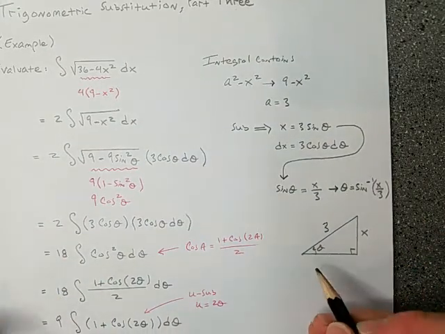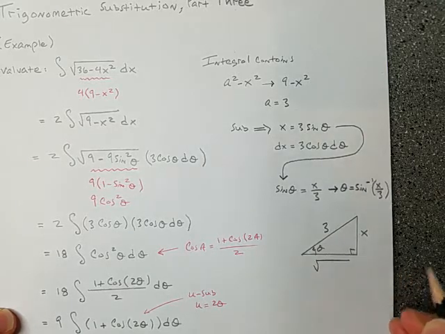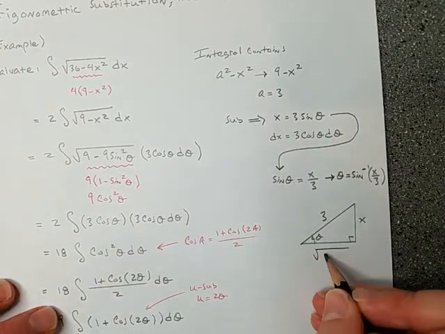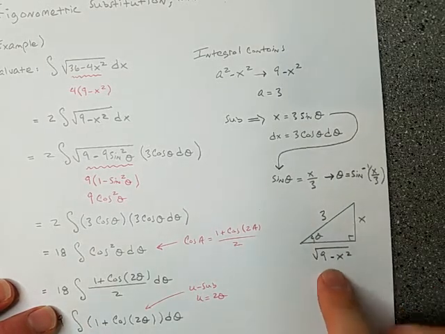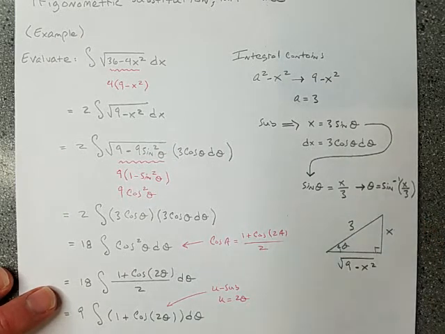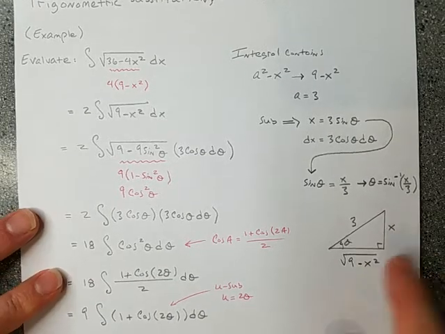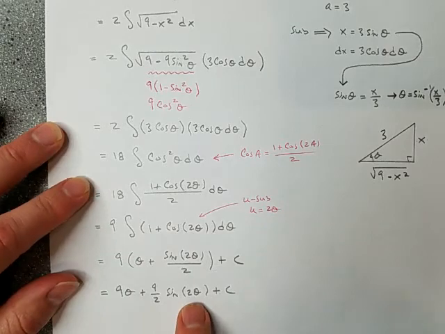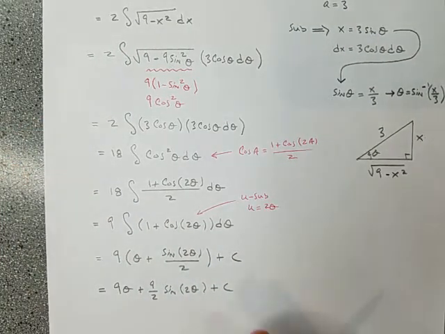Okay. And then we could solve for this part down here. This will be root 9 minus x squared, because by the Pythagorean theorem, this side squared plus that side squared has to be this side squared. Okay? So if you know two sides of a right triangle, you can find the third side. Now, you use the triangle to do this part. But there's a catch. Okay? Sorry to tell you, there's another hitch in this problem.